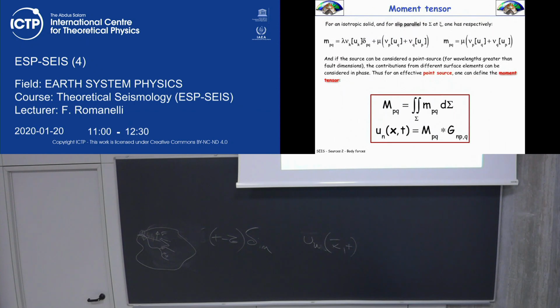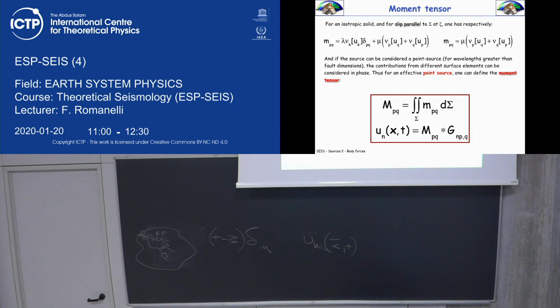Next, let's give a look to MPQ now for an isotropic medium. Because the representation theorem in the version of Aki and Richards was for a very general medium, also anisotropic. But let's imagine it's isotropic, then the elastic constants will be just going into lambda mu.